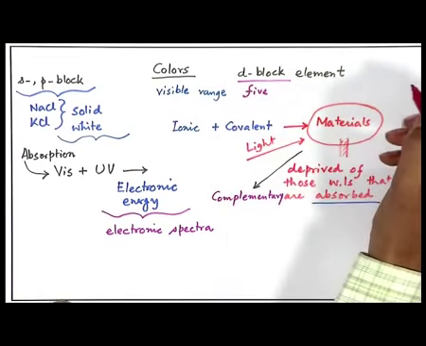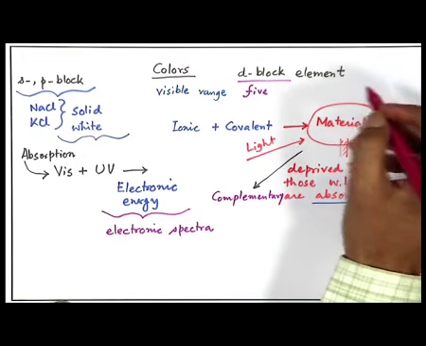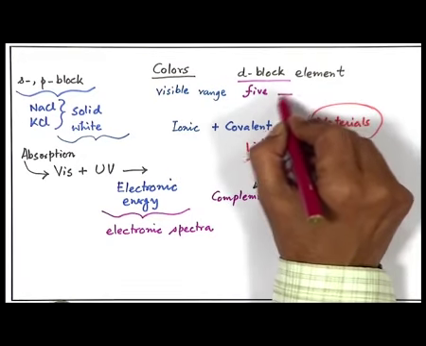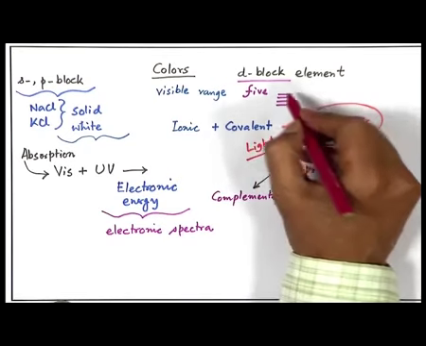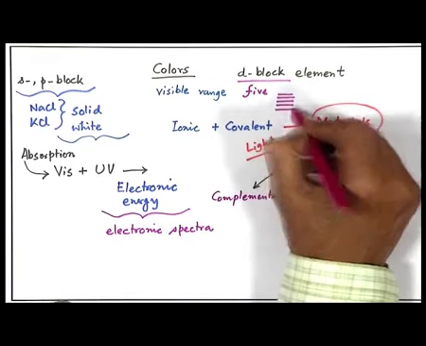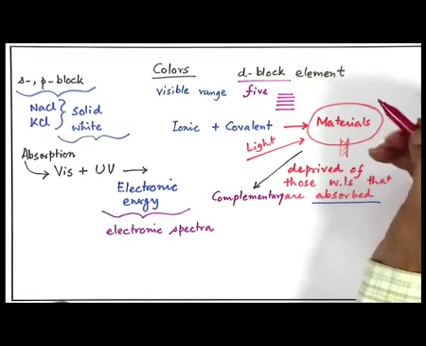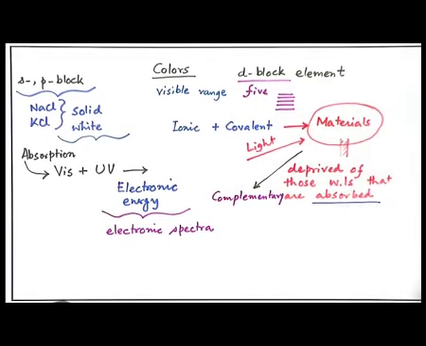In these d block elements we all know that there are 5 d orbitals, and when they are in the free ion state, that means the gaseous state, they have the same energy, that means they are degenerate.